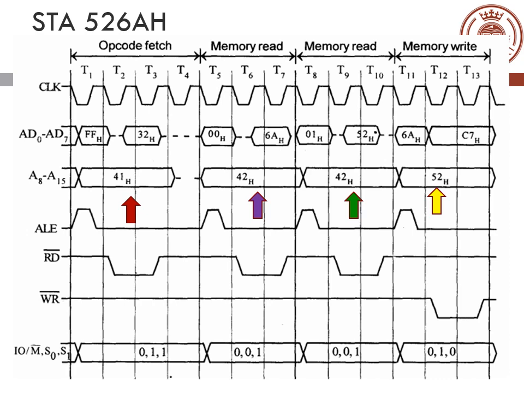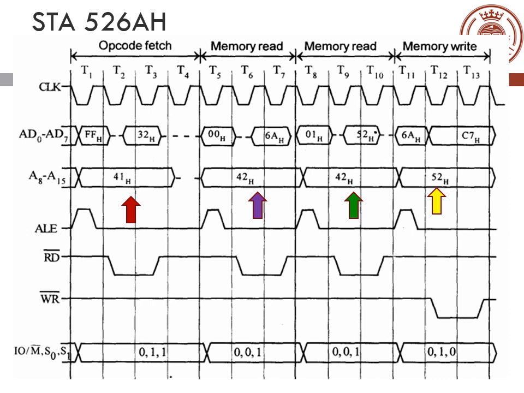In the first memory read, you're going to specify the address as 4200 and read the data 6A. Again you're going to do the memory read operation at 4201 and fetch the data 52. So right now using that combination 526A, the processor got the address to which the accumulator data has to be written. Now we are going for the memory write operation.